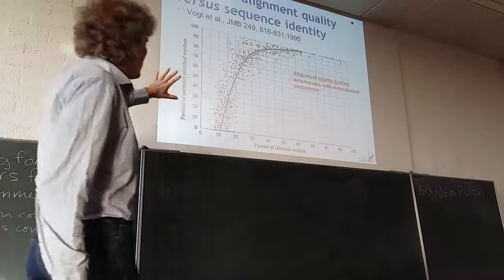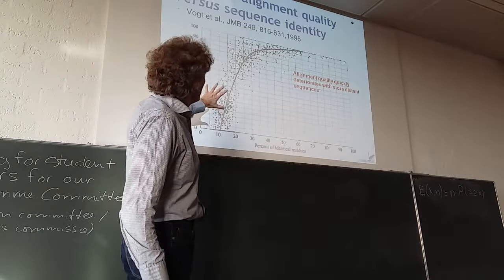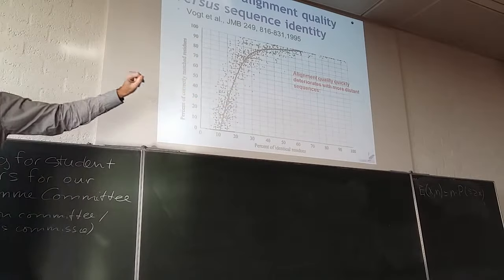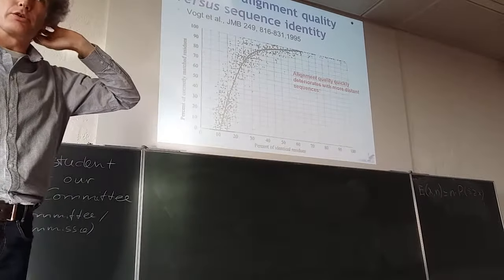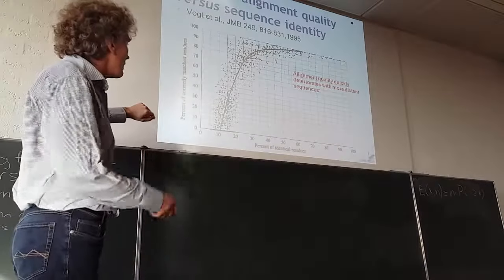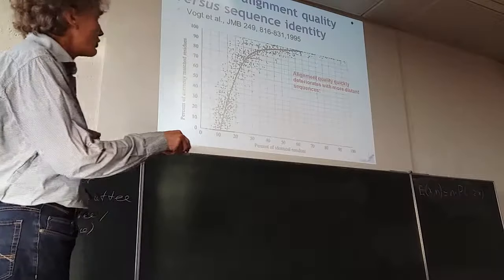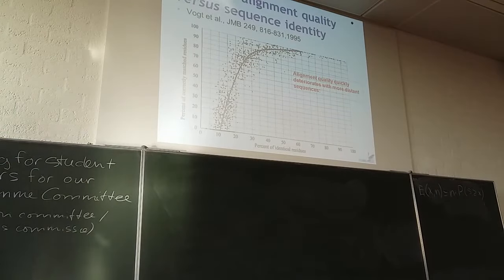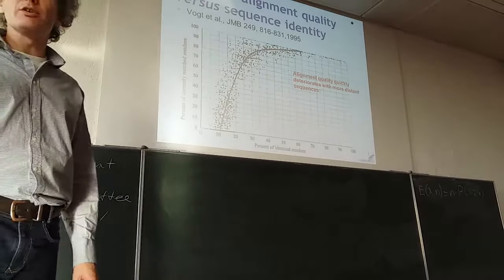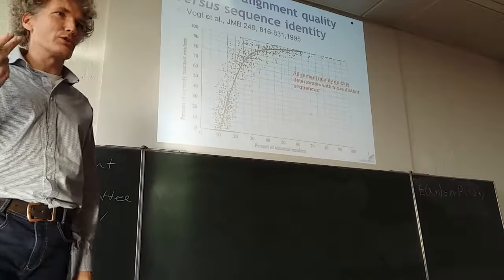This is just to show that when two sequences that you're aligning are more distant, you're likely to get more errors. Over here you have the number of identical residues between the two aligned sequences, going from 100, where it's obviously very easy to align, down towards, let's say, 10 or so. And this is the percent of correctly matched residues. And then of course you need a reference to say which ones are correct or not.